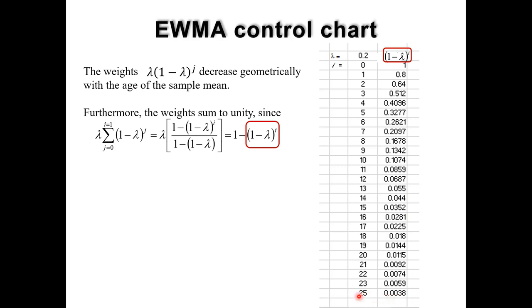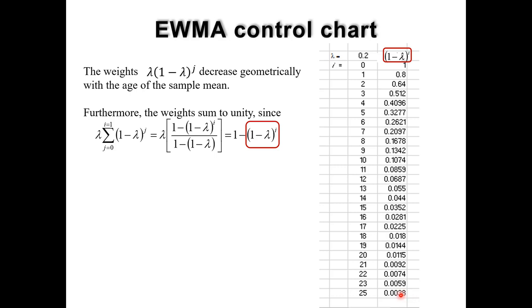Like this example, at observation number 24 here, the value of (1 minus lambda) to the power of i will be equal to 0.0038.